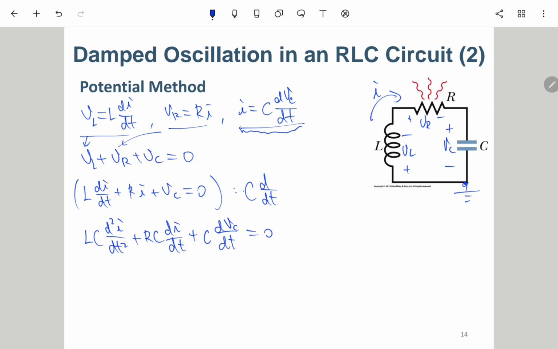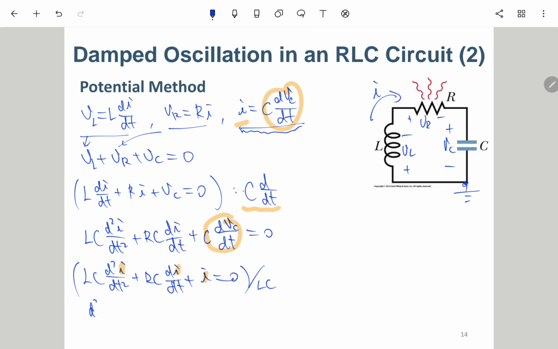Here we notice why we need to do this: because C dVC dt becomes nothing but an I. So we have LC d2I dt2 plus RC di dt plus I, so we only have I, I, I. Then we can divide by LC on both sides, so it becomes d2I dt2 plus R over L di dt, plus 1 over LC I equals 0.